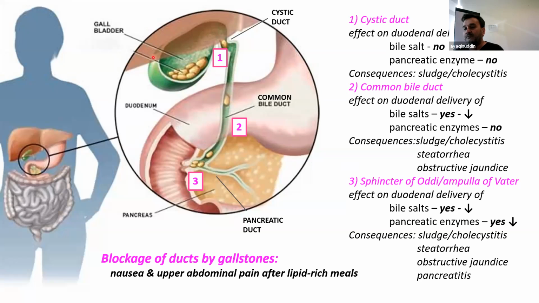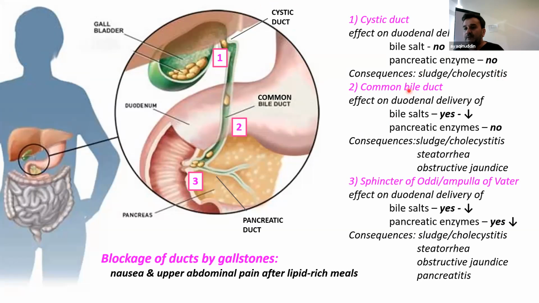So you can have inflammation of the gallbladder and sludge within the gallbladder if the gallstone is closing the cystic duct. But there would be no problem. The bile salts would still be able to reach the duodenum because they are coming from the liver, and there would be no issues with the pancreatic enzymes.